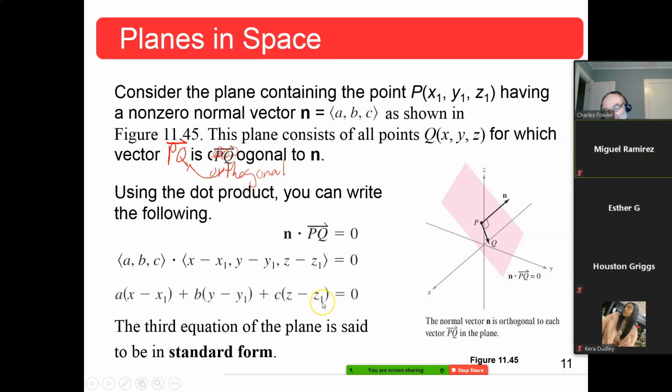C times minus Z1, that would be a number. And if you added those to this side, you would have AX plus BY plus CZ is equal to some number here. That's not quite in standard form, but it's close enough. So the normal vector N is orthogonal to every vector PQ in that plane. Okay? Every one of them.